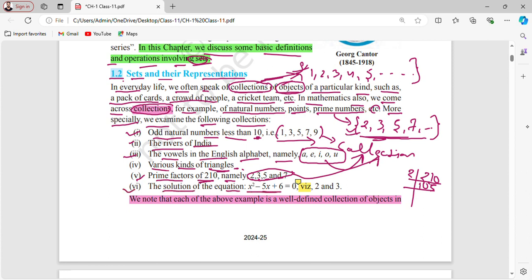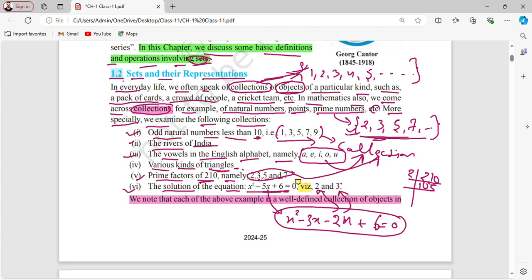When we split the middle term, x square minus 3x minus 2x plus 6, and solve this quadratic equation, we will find the roots and the values of x.